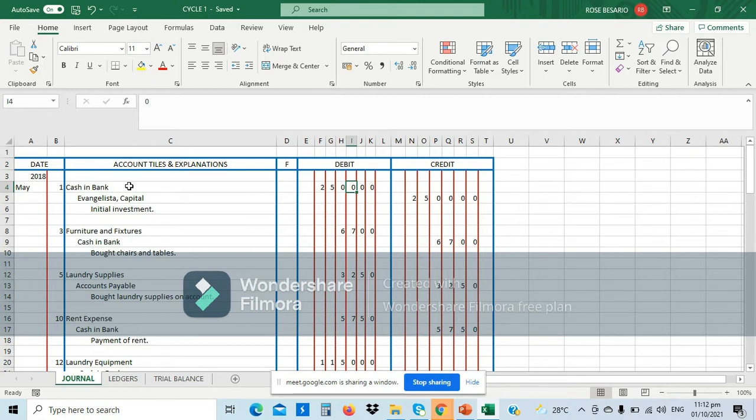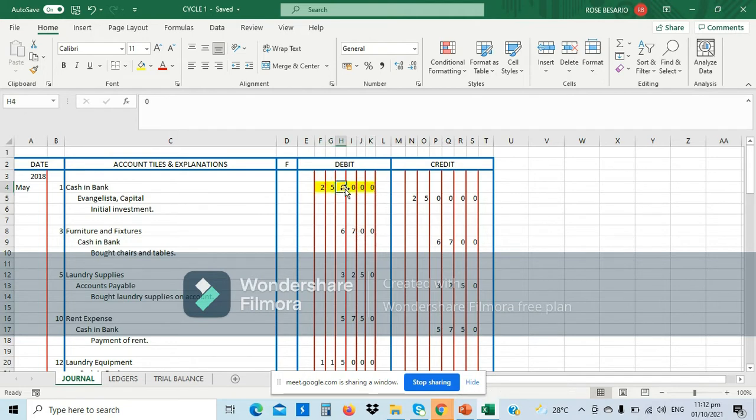What I will do is highlight the entries that are already posted in the journal, so that we could easily identify if there are some entries not posted in the ledger. Later on we'll just remove the highlights after posting. So first we have cash in bank. I will highlight this one, cash in bank. This is understood to be posted after highlighting.